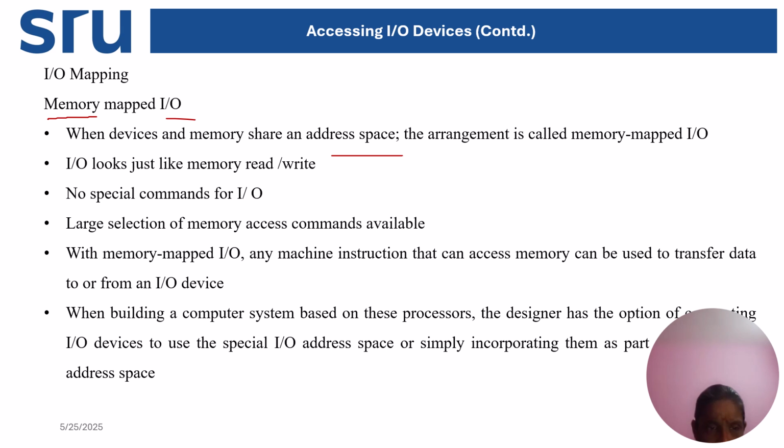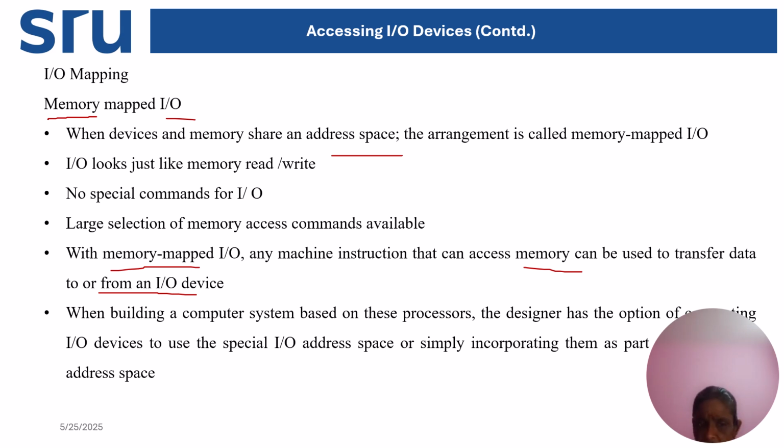So a larger number of commands are available, but there are no specific commands for mentioning either memory or IO devices. With memory mapped IO, any machine instruction that can access memory can also be used to transfer data to or from the IO device. So it is simply saying that the address will be common for memory as well as IO device.